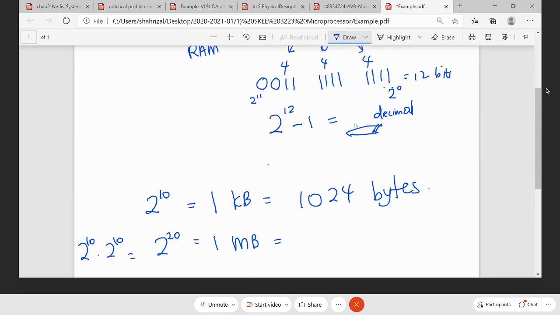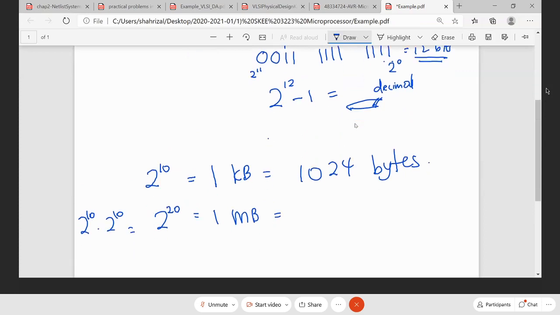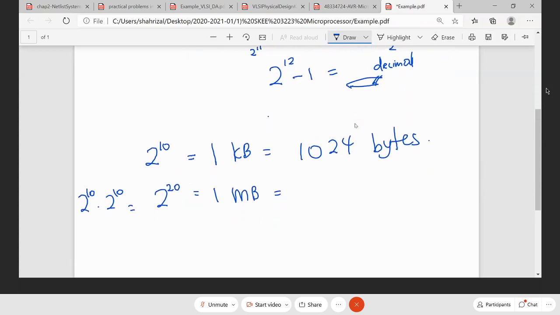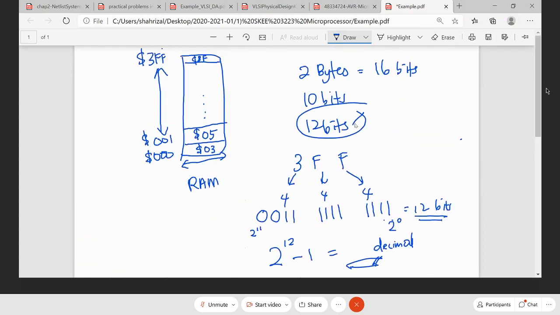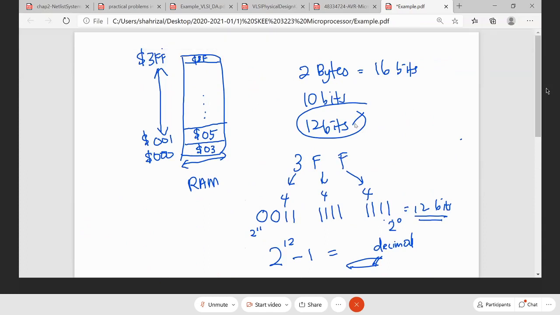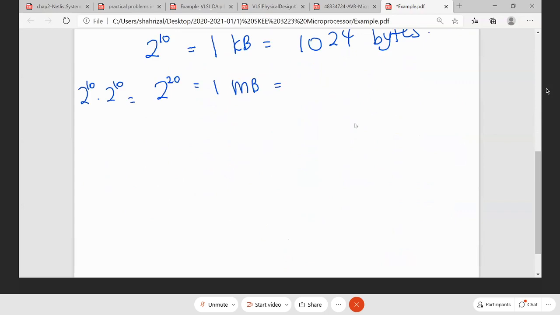So in this case, when we have 12 bits, can you guess what it is in kilobytes? Can somebody tell me? One kilobyte. Any other answer?